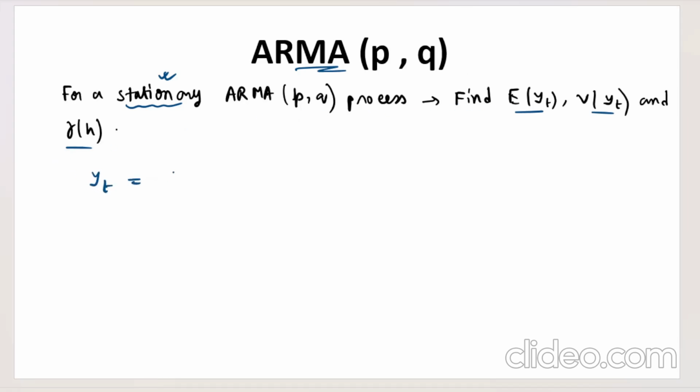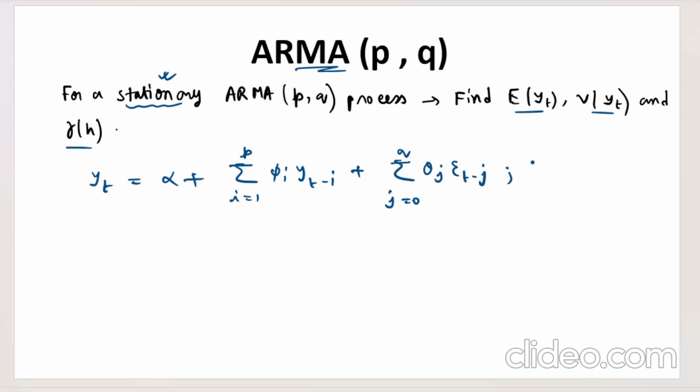Firstly, write the process: y_t equals alpha plus summation i from 1 to p phi_i y_{t-i} plus summation j from 0 to q theta_j epsilon_{t-j}, where theta_0 is 1 and epsilon_t follows white noise (0, sigma squared). So this is the process.